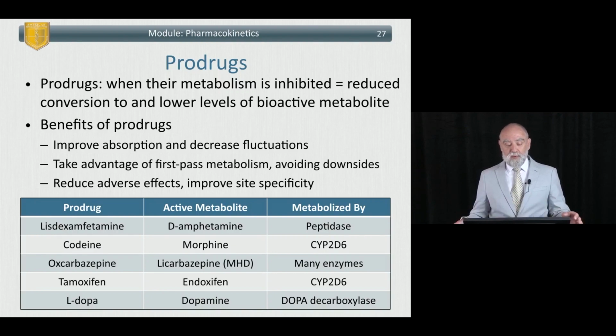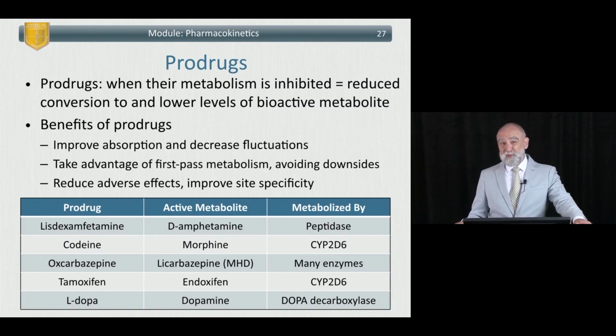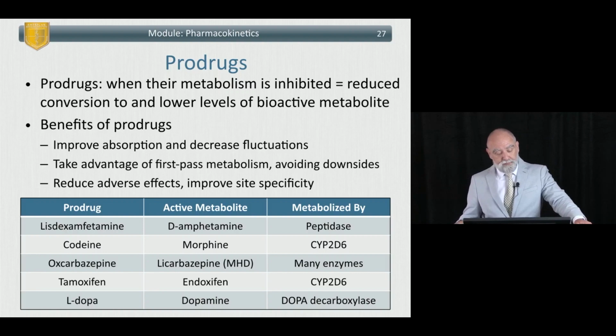Now, the benefits of prodrugs are that it improves absorption and decreases fluctuations in its plasma levels. It takes advantage of the first-pass metabolism, which is like a scourge for many medications because most of it never reaches the systemic circulation when given orally. But here, it's actually the first pass that is metabolizing the inactive parent drug into the biologically active metabolite.